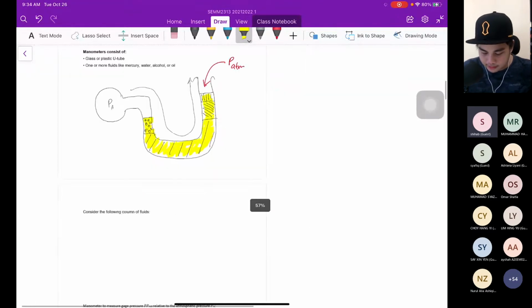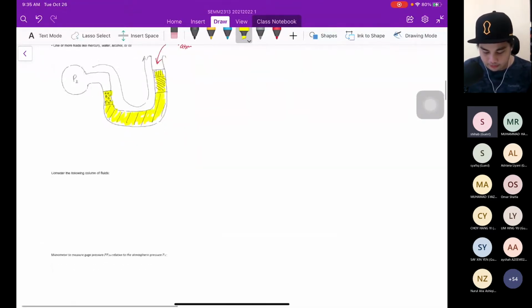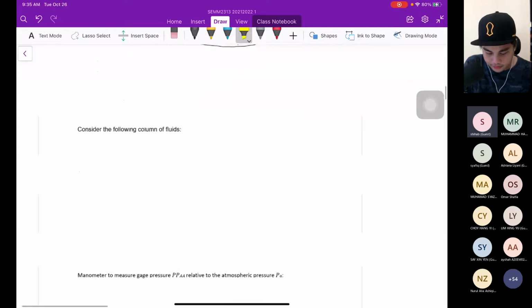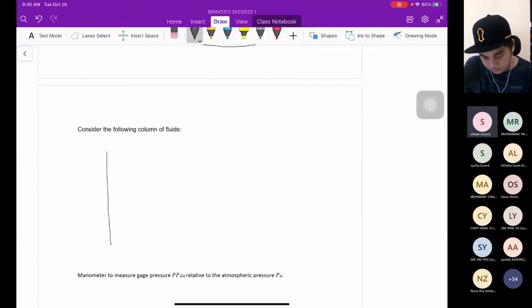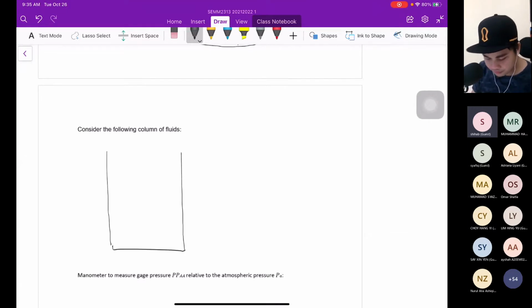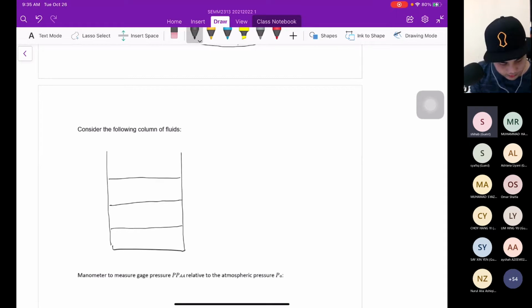Let's consider it as a straight column. Inside this column, we have several fluids. First we fill up with fluid 1, second fluid, next fluid, and final fluid.